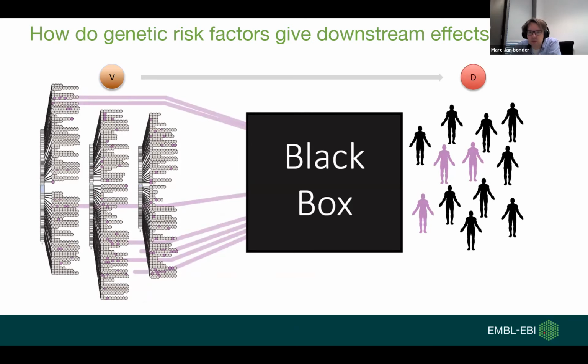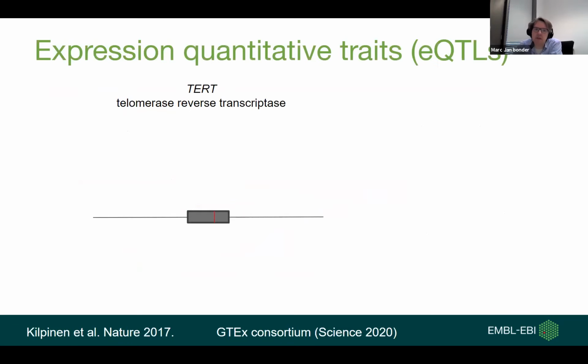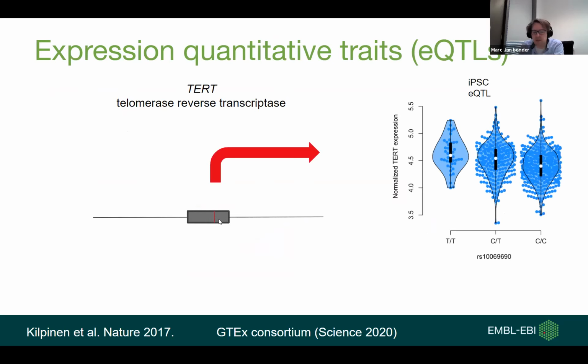But one of the ways to look into this is using quantitative trait loci mapping, or in our case specifically eQTL mapping. To do this, we basically compare genotypes to expression of a gene. Here we have the TERT gene, the telomerase reverse transcriptase gene, and this red line represents a variant.